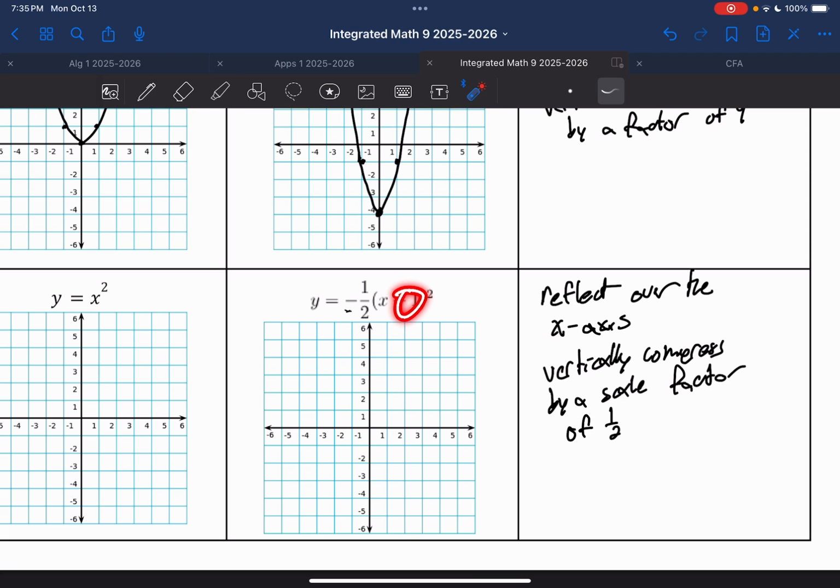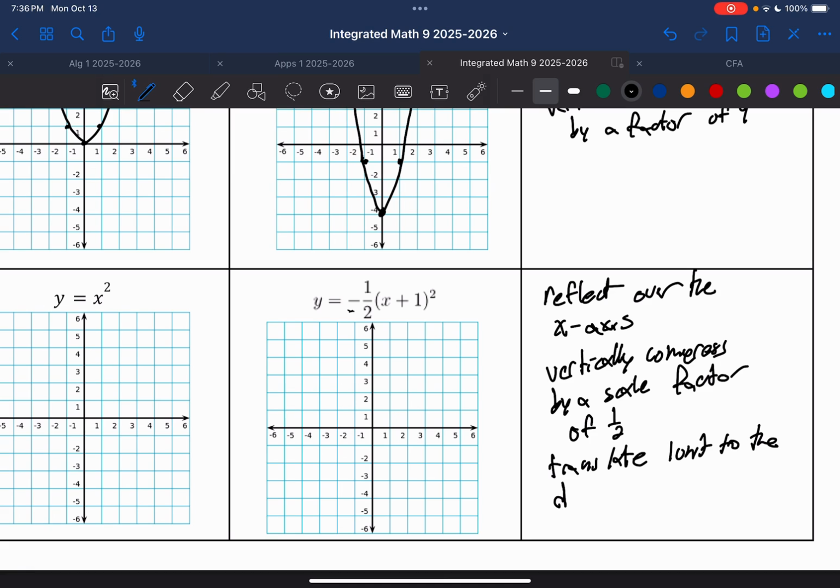And then over here, we're going to translate 1 unit to the right, or to the left. Sorry, because we're adding, so it's translated to the left.